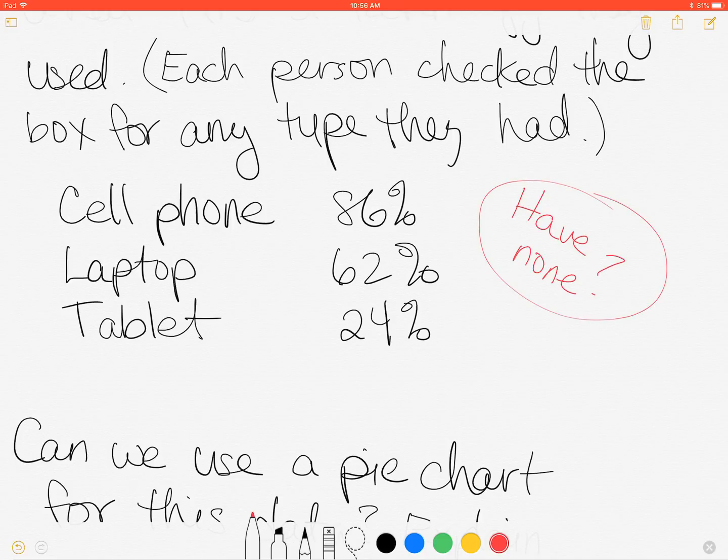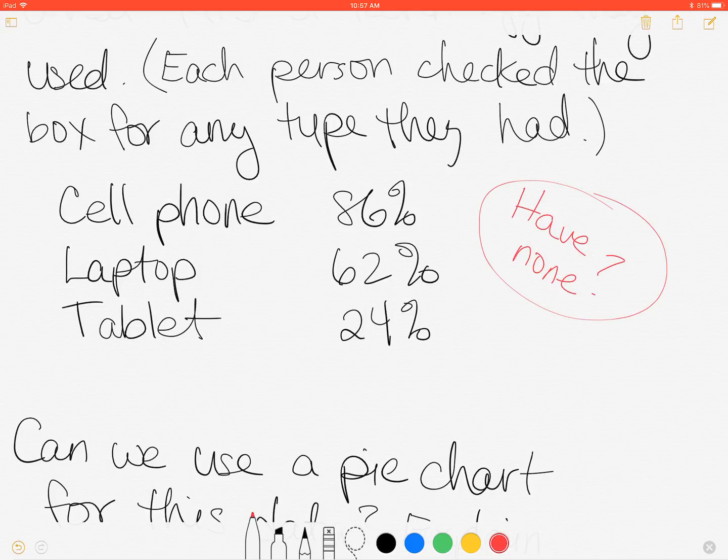They've been left out. Now, we could fix that by recording who didn't check anything and putting another little group down below, but this still isn't going to be good for a pie chart because some people fit in more than one group. Some people have cell phones and laptops, or cell phones and tablets, or maybe even cell phones, laptops, and tablets.